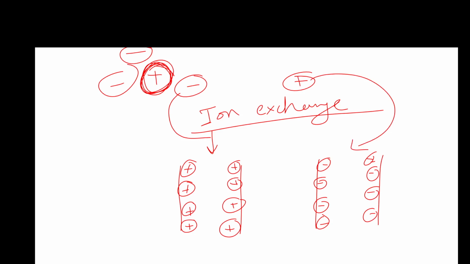In the column, these matrices are already loosely bound with some ions. If it is positively charged, obviously it will bind to a negatively charged ion. For example, this positively charged matrix is loosely bound with a chloride ion, suppose, and this negatively charged matrix is bound with a sodium ion.